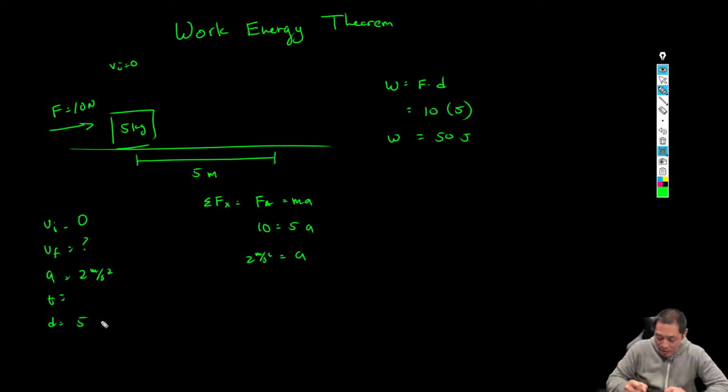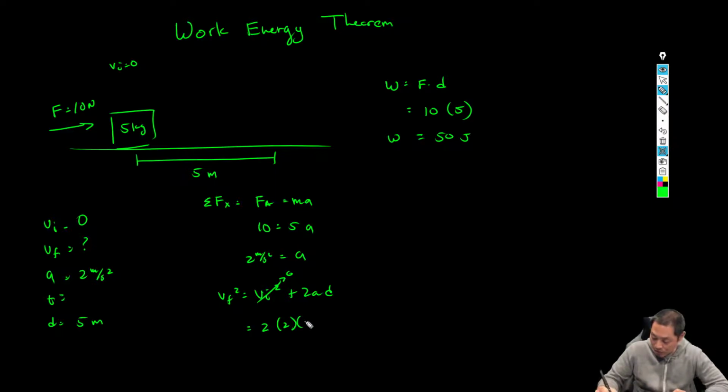We have an acceleration of 2 meters per second squared and a distance of 5 meters, and then we can find VF. So we have VI, A, D, and VF, and we're missing time. So it's VF squared equals VI squared plus 2AD, and then we solve for VF. VI is equal to 0, so it's just 2 times 2 times 5.